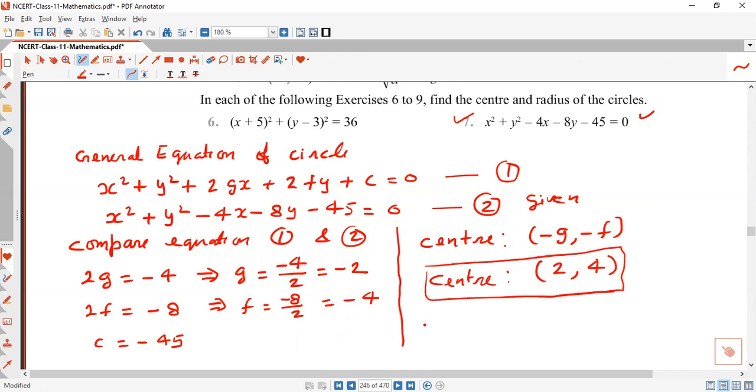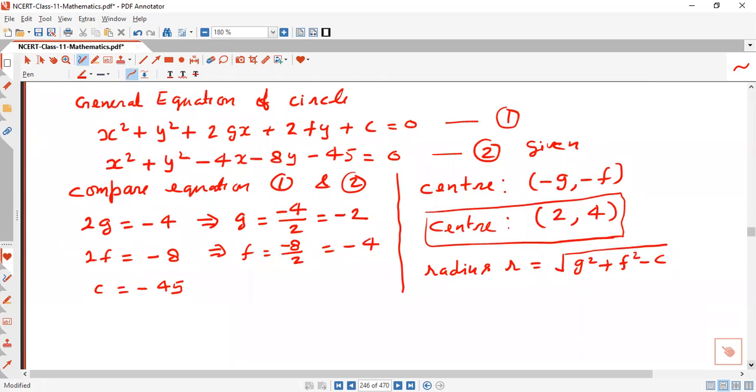Now, what is the radius? Radius R will be under root of, you know the formula, g square plus f square minus c. You put the values here. So R equal to under root g square, g is minus 2 whole square, plus f, minus 4 whole square, and c is minus 45.